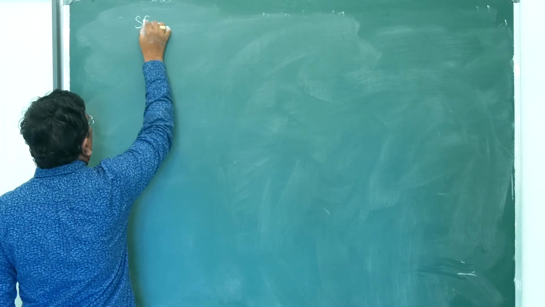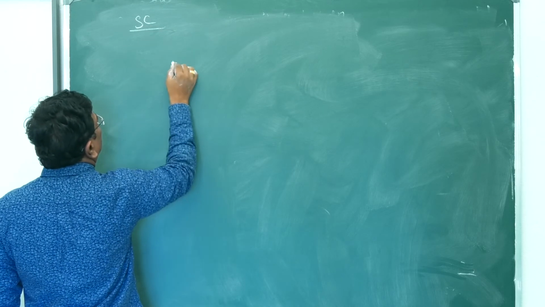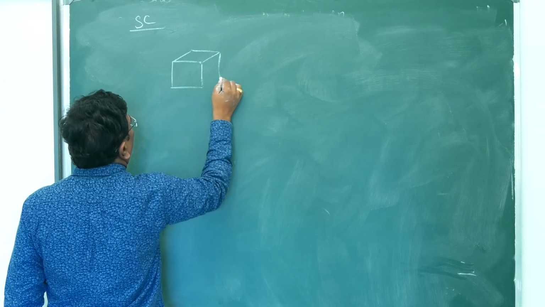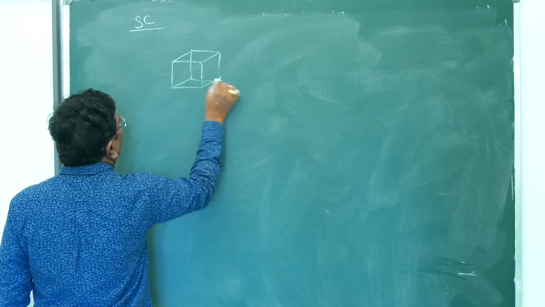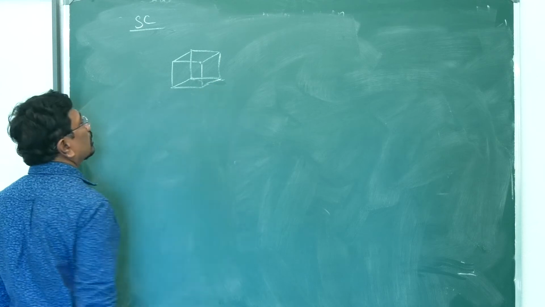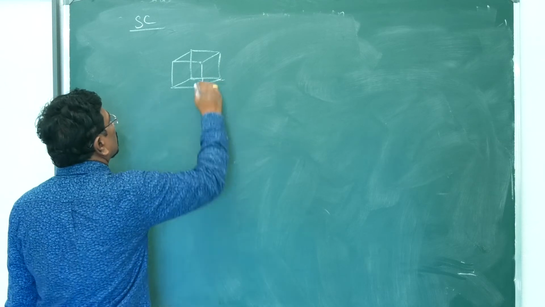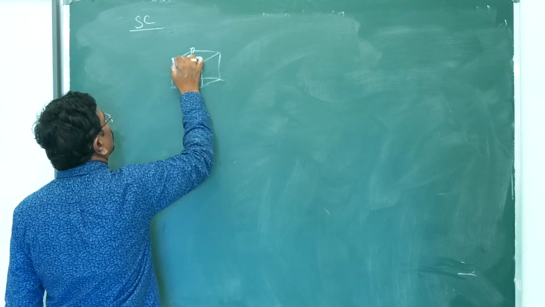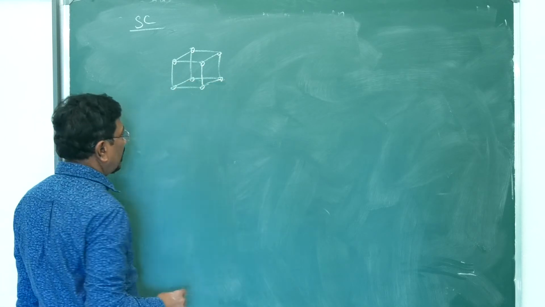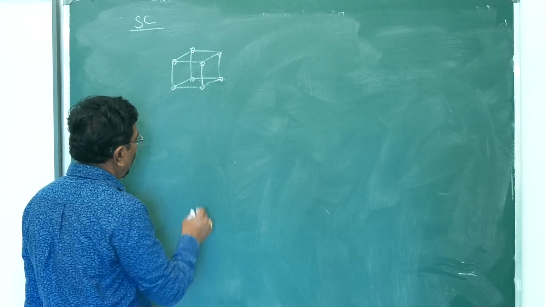In simple cubic, to start with, it is a simple cube. I have drawn a simple cube. There are 8 corner atoms. But this way of drawing may not be exact. I have to take it like this.